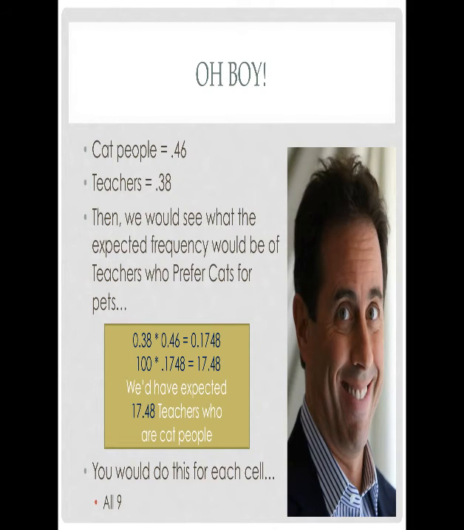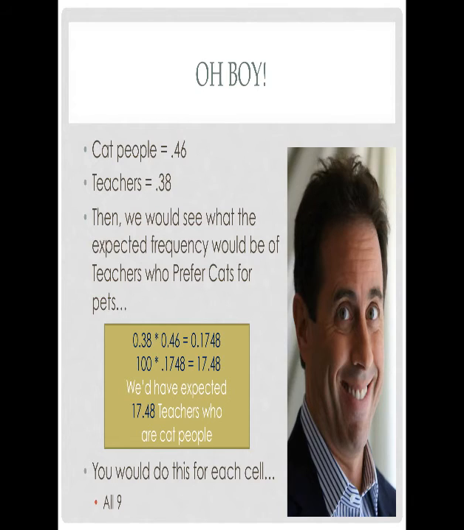You would cross multiply the two in order to find the total percent of people who happen to be teachers and are cat lovers as well, and you would do this for every single cell. So you do not have to do that.